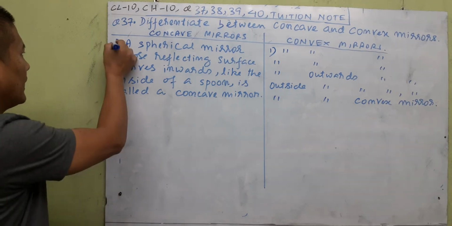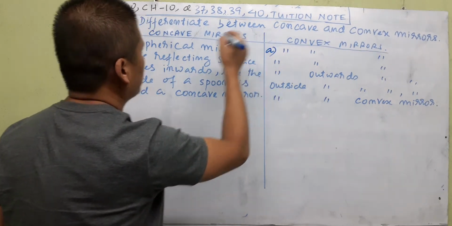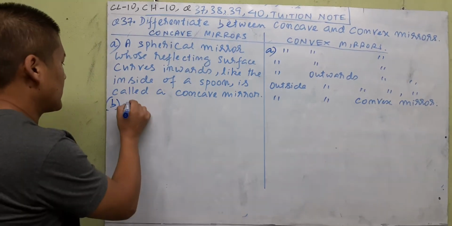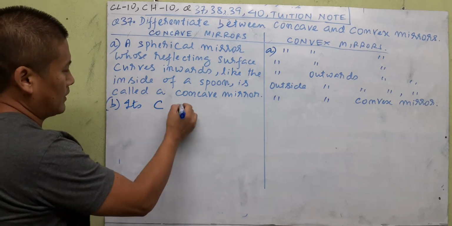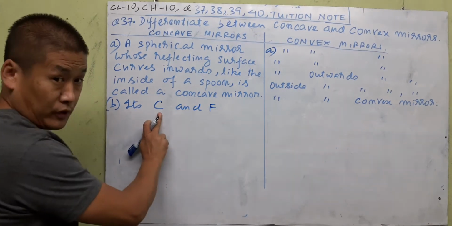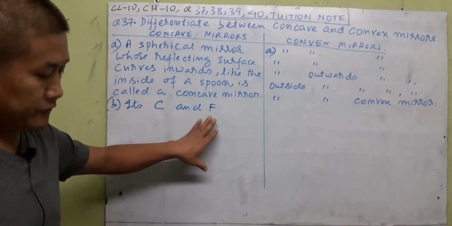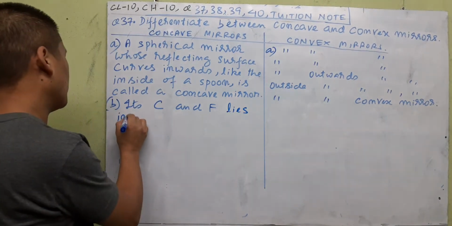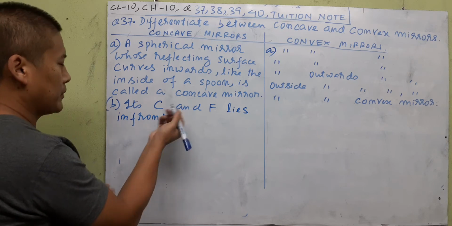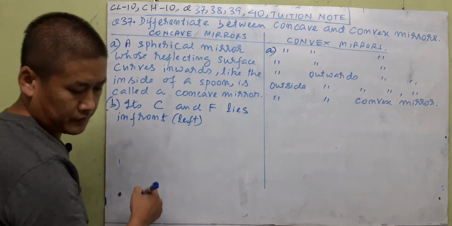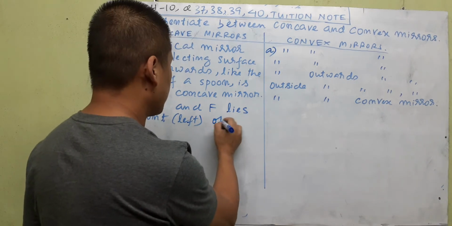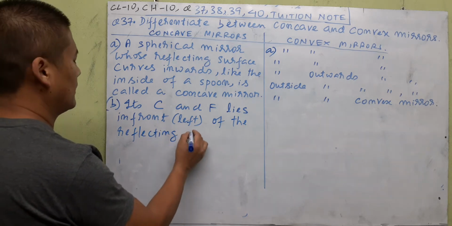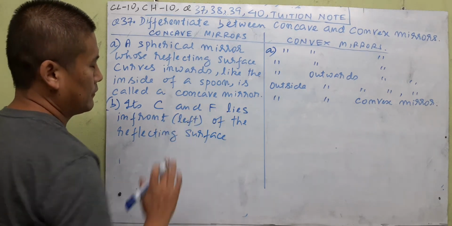Now point number A, let us write here A and A, like your tuition note, so you can refer to it. B is here, it's C and F. We know by now, so I'm not writing it in full. Center of curvature and focus lie in front, in front means left, of the reflecting surface for a concave mirror.